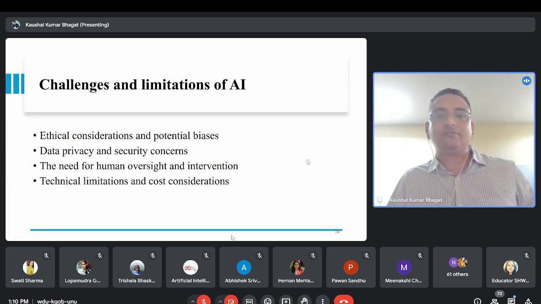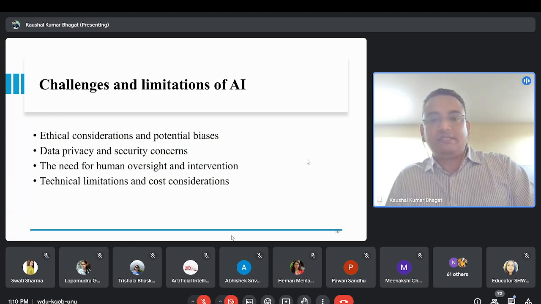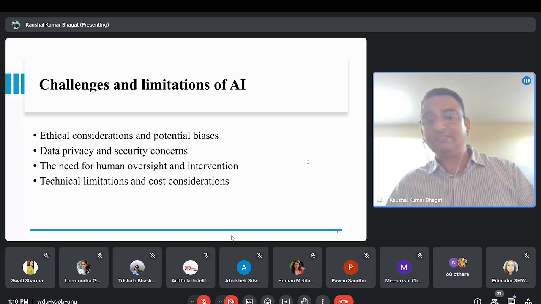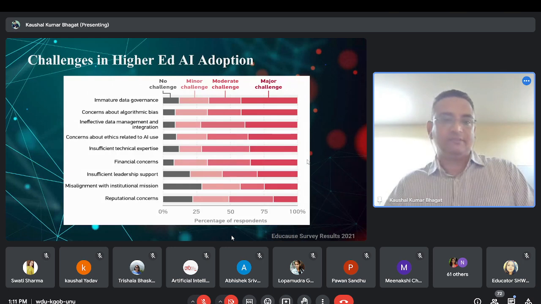Globally, you are consuming a lot of electricity and energy, so pollution is also happening, which is a key environmental issue. So these are important challenges and limitations associated with this.